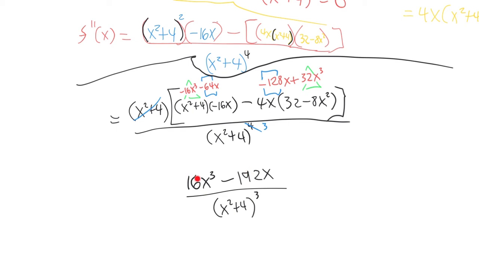It's certainly the case there is some kind of a GCF. They're both even at the end of the day. So at the very least, you could take out a 2x. They both have x in them as well. But it is the case that the GCF is 16x, actually. So we're going to have 16x times x squared minus 12.